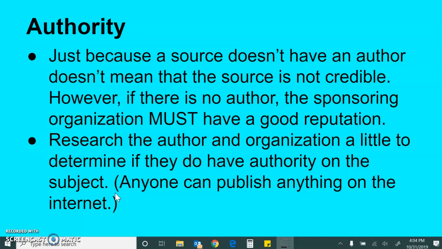The organization sponsoring that article or information could be very credible, could have good authority. But if there is no author, the sponsoring organization must have a good reputation. And you might need to do a little research to figure that out.